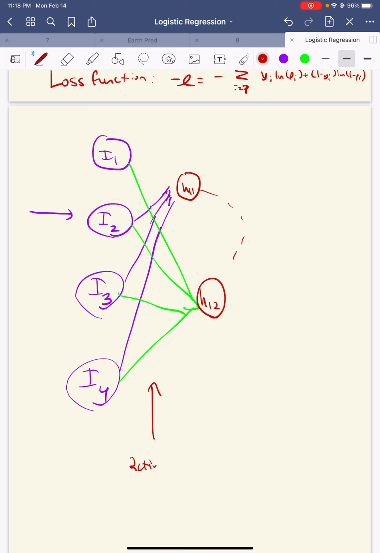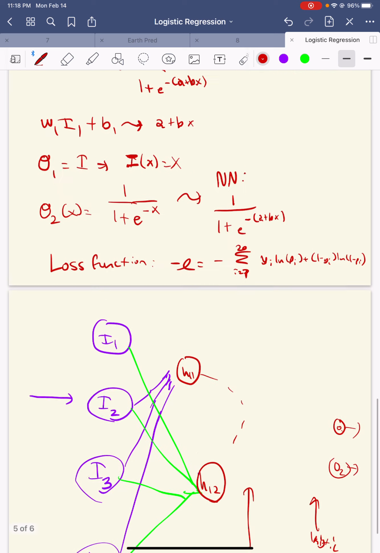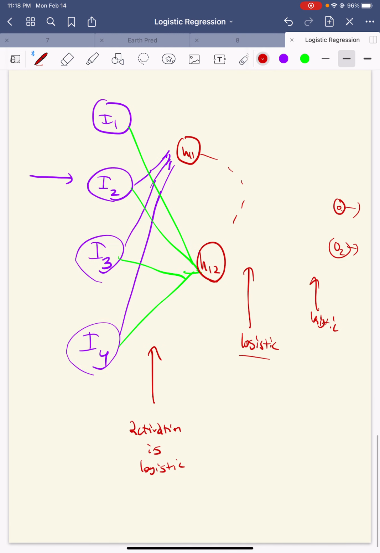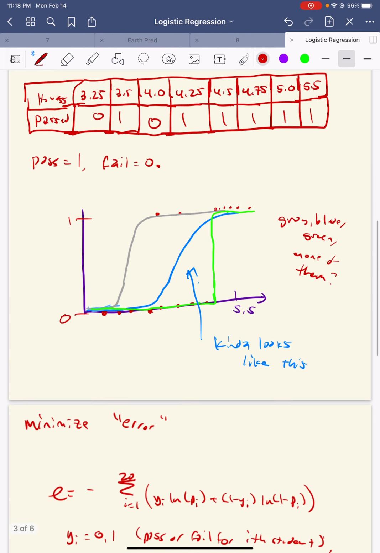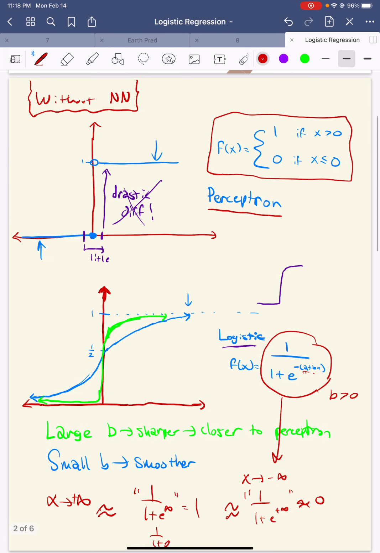This activation function is logistic. And then this one is logistic. And then this one is logistic. And so on until you get the output. Output 1, output 2, and so on. So then what this does basically is you can think about a logistic function as basically making fuzzy decisions for you.